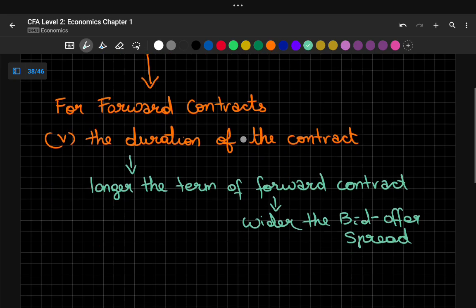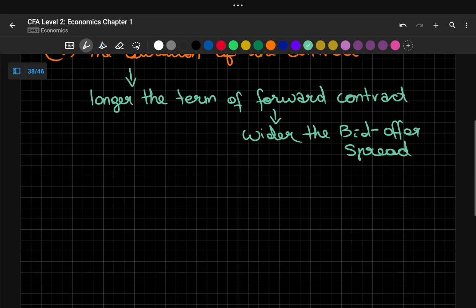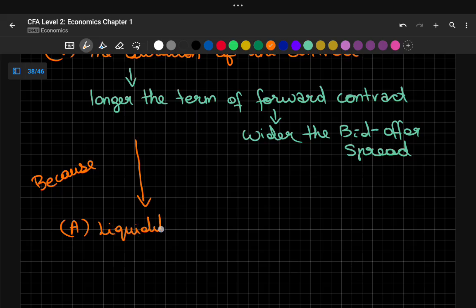Why is that? The reason is that liquidity is lower in the forward market compared to the spot market.